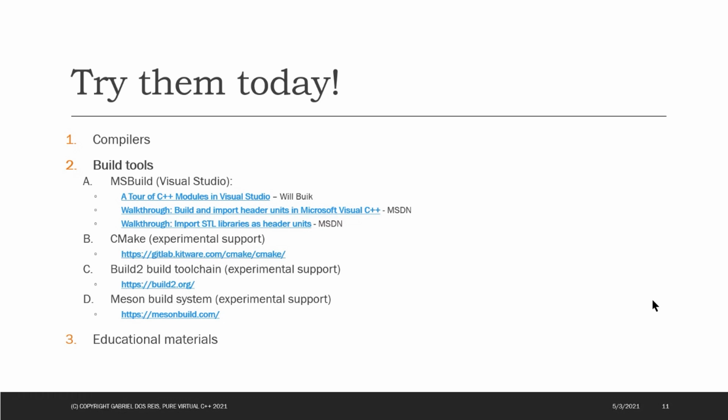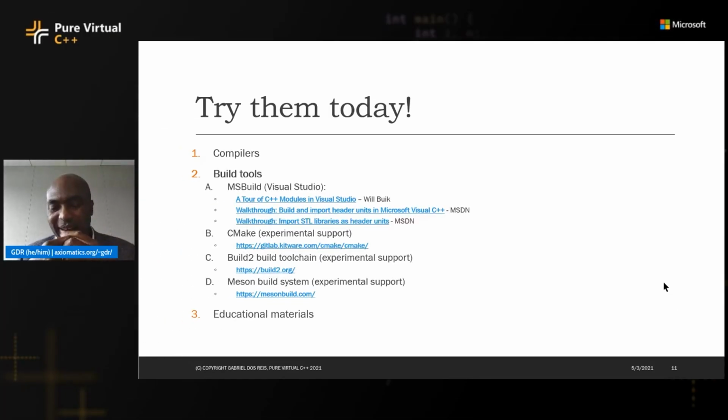A blog post by Will, which gives you an overview of C++ modules in Visual Studio, integration in the IDE and toolsets. On the Microsoft documentation page, you have a walkthrough of how to build and use header units in MSVC, and also how you can import standard library headers in your code.